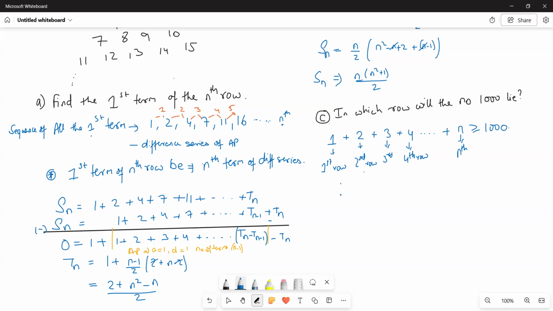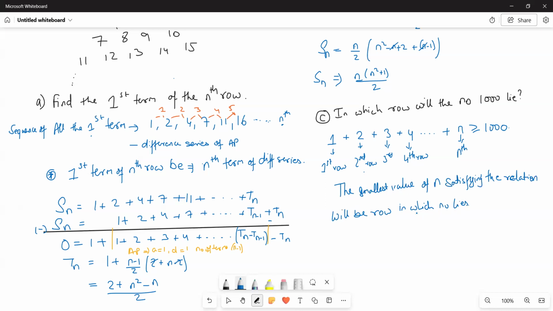Tab the smallest value of n satisfying this relation will be the row in which 1000 lies.